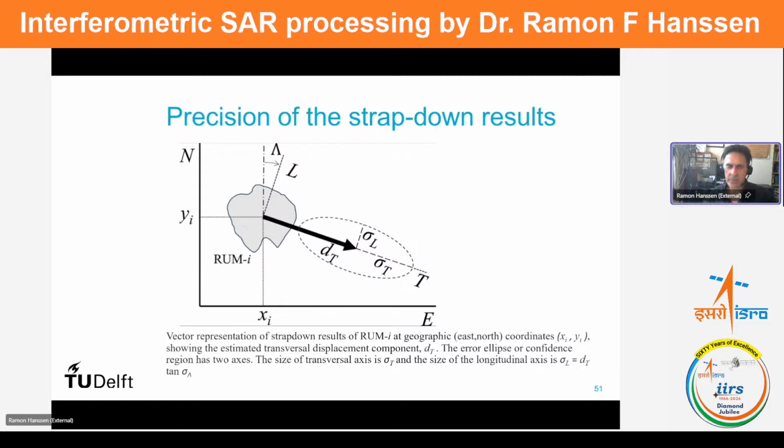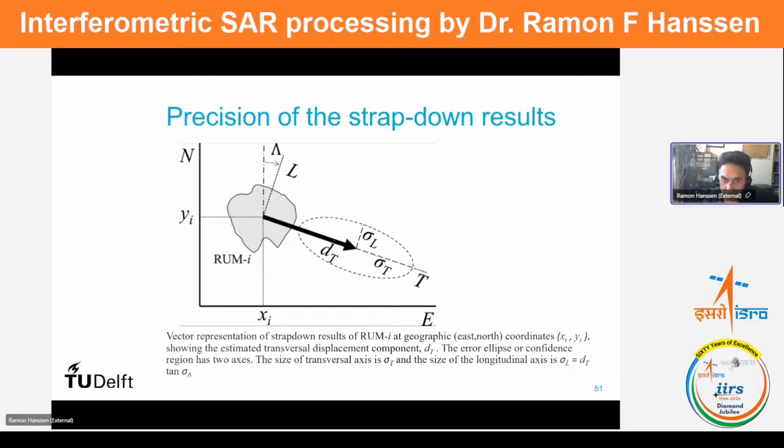So if it's a landslide, for example, it's maybe an area of 30 by 30 meters, or if it is some particular object on a slope, then we could define that object. So this depends on the context. But we're estimating the normal and the transversal component.